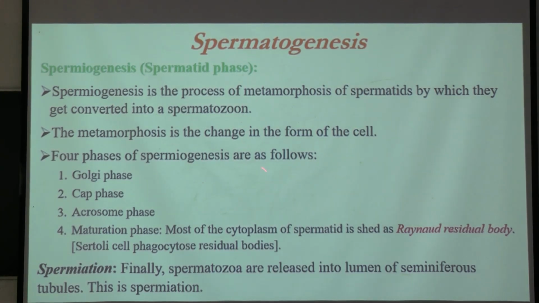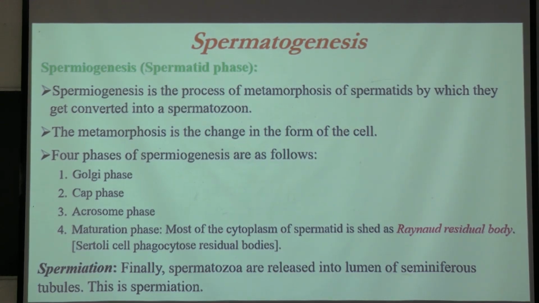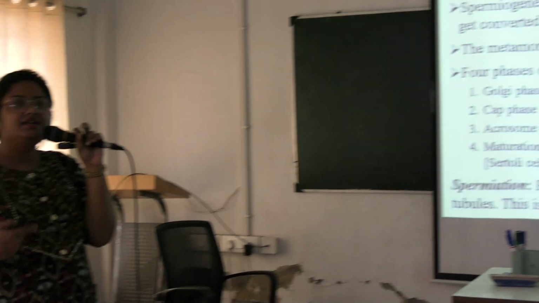The 4 phases of spermiogenesis are these: first the Golgi phase, cap phase, acrosome phase, and maturation phase. Most of the cytoplasm of the spermatids is shed as the residual body, and Sertoli cells phagocytose this residual body. Okay, this is one important function of the Sertoli cell for metamorphosis of the spermatids into spermatozoon.